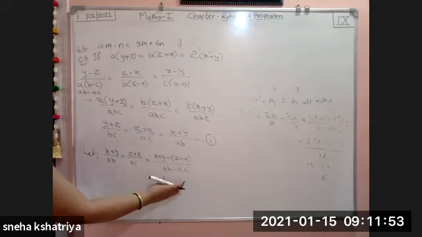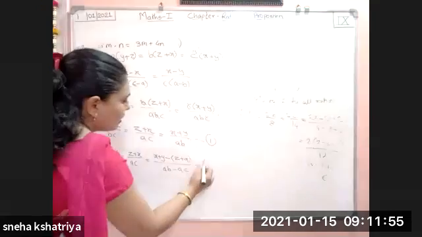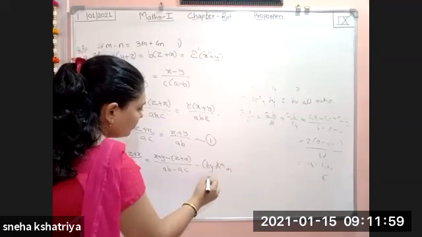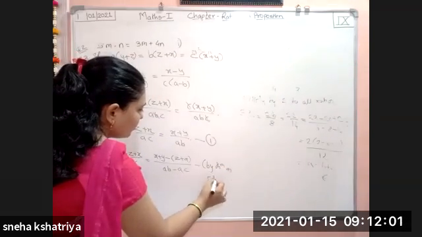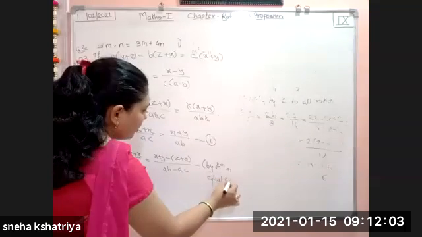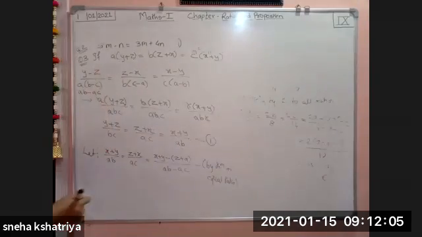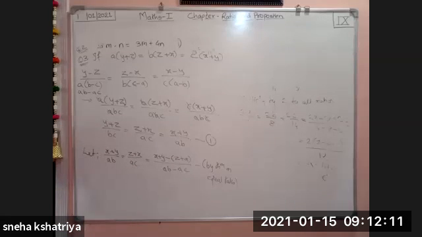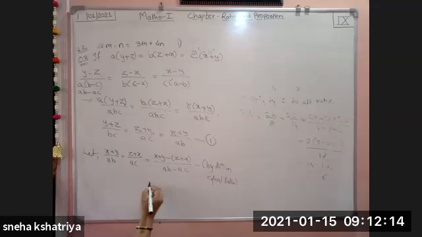See here, we get ab − ac. What is the result? By the theorem on equal ratio. Okay, so take a common from the denominator and multiply the minus in the bracket. So what will you get here?